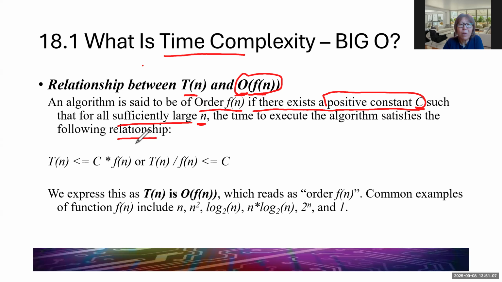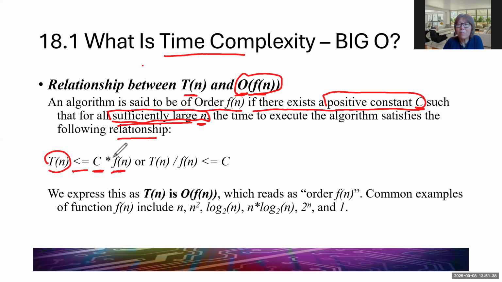So what's the definition? If you can find a positive constant, times that function Fn, and for sufficiently large n, you can guarantee that it is always larger or equal to Tn.